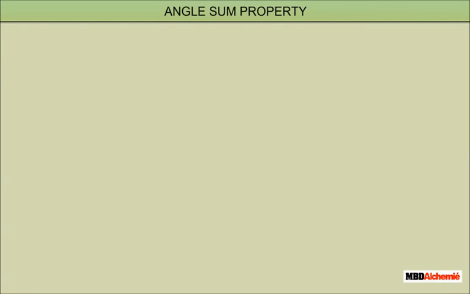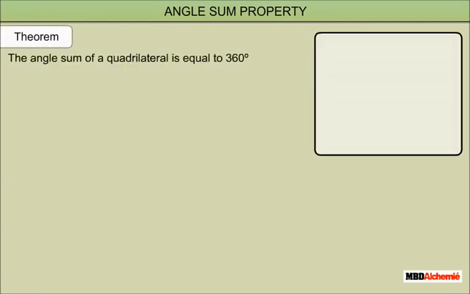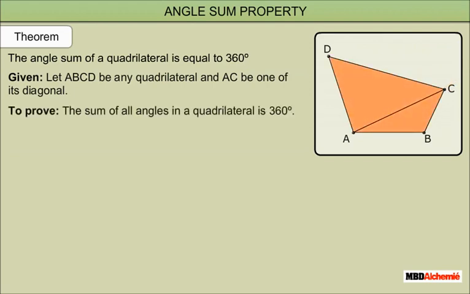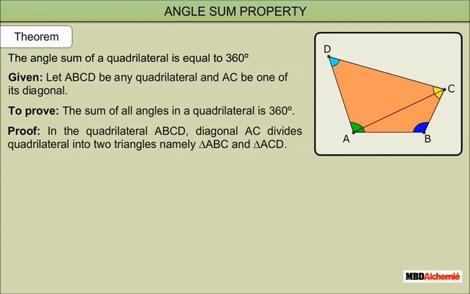Angle sum property. Theorem. The angle sum of a quadrilateral is equal to 360 degrees. Given, let ABCD be any quadrilateral and AC be one of its diagonals. To prove, the sum of all angles in a quadrilateral is equal to 360 degrees. Proof. In the quadrilateral ABCD, diagonal AC divides the quadrilateral into two triangles, namely triangle ABC and triangle ACD.